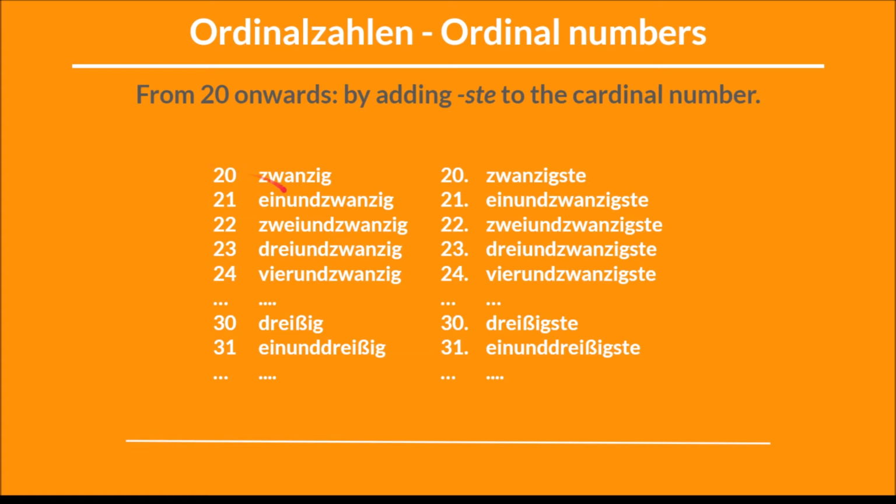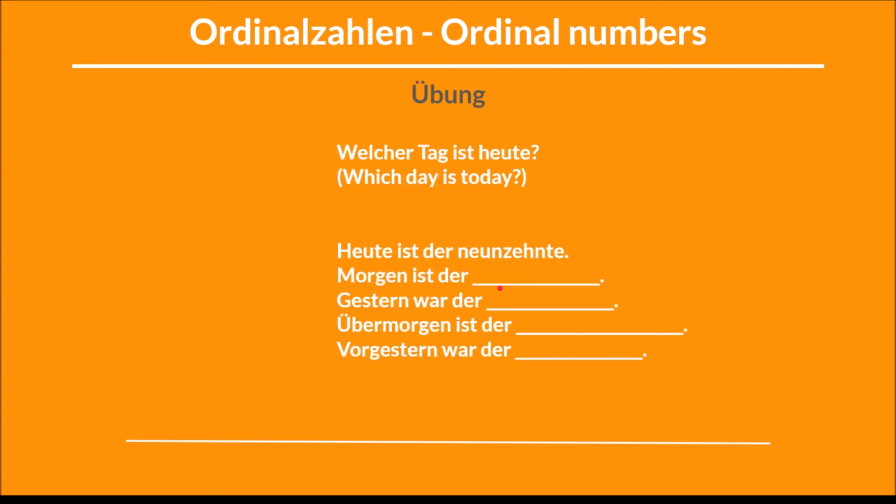So 20 becomes then 20ste, 21ste, 22ste, and so on and so forth. Here we have 30, it changes to 30ste. So that's basically it. We can practice this with this first exercise.